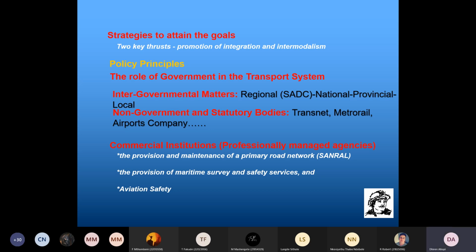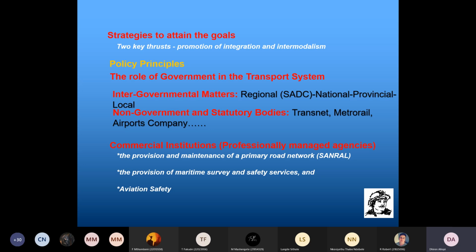With regard to intergovernmental matters, right from national to provincial down to local level. And then you have different statutory bodies like Transnet, Metro Rail, airport companies, and you can see a whole lot of them listed in your notes.